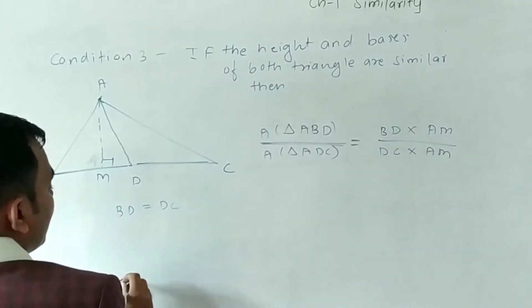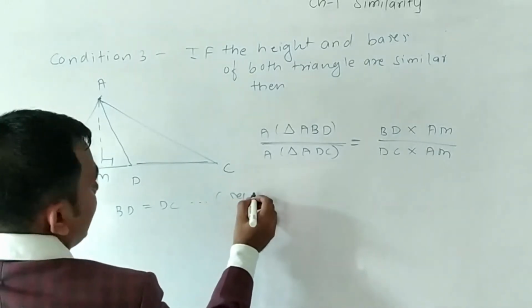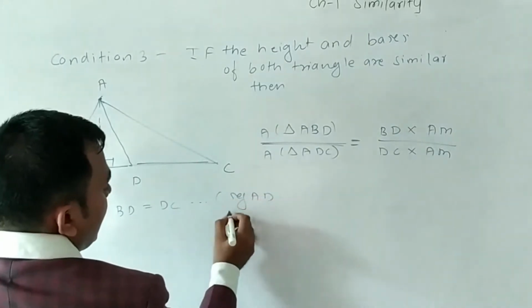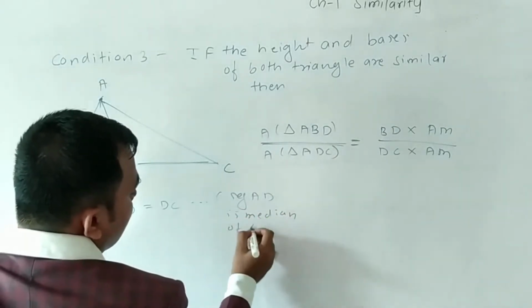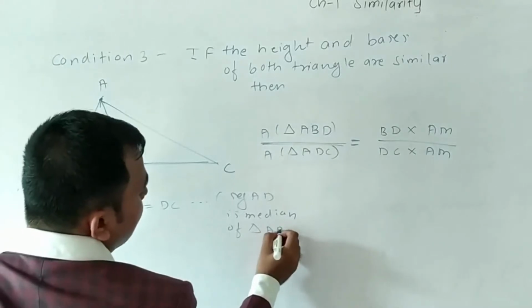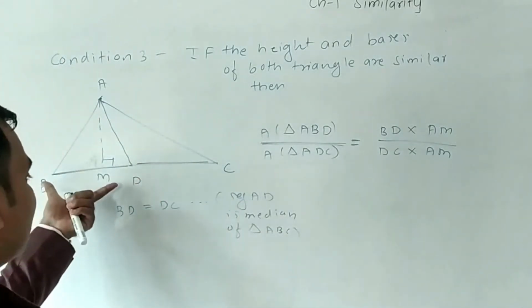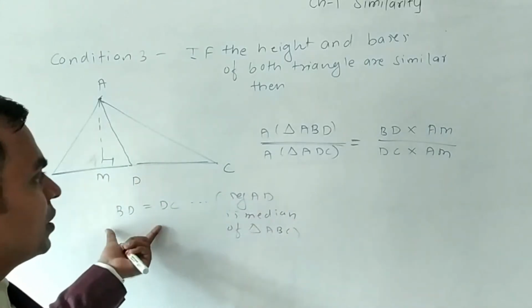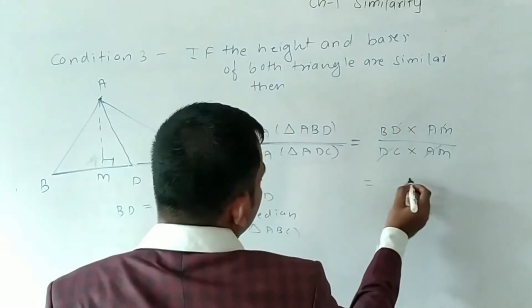Why? Because segment AD is the median of triangle ABC, and because of that BD is equal to DC. So this will be cut. What remains? 1 remains.